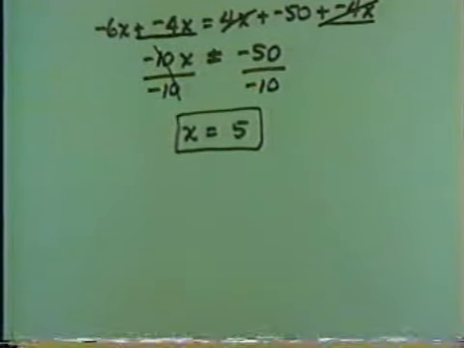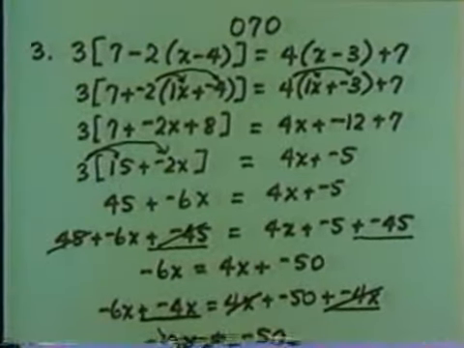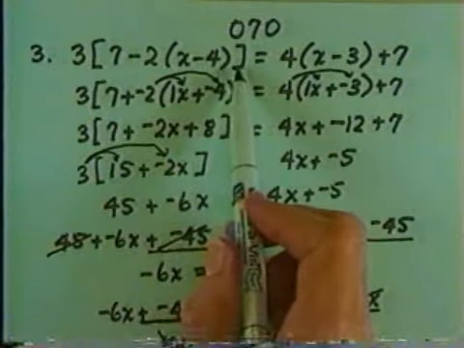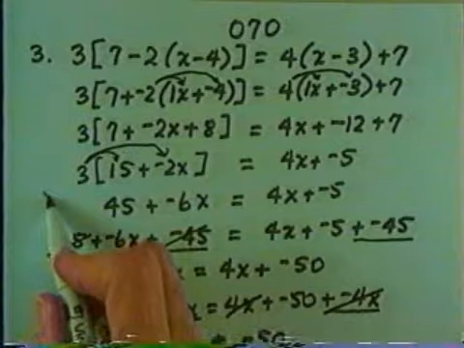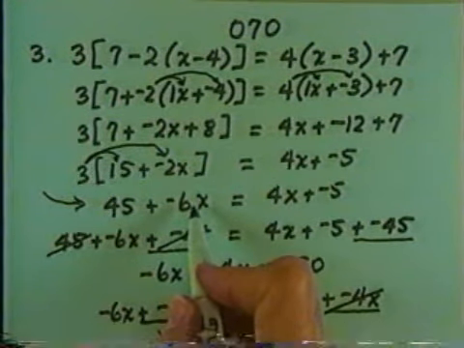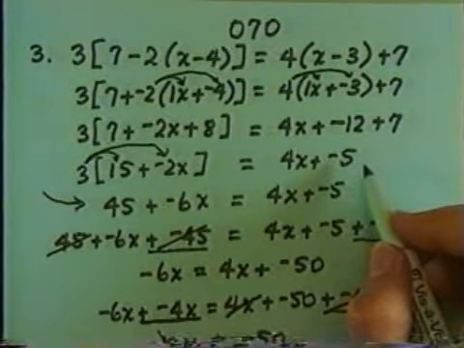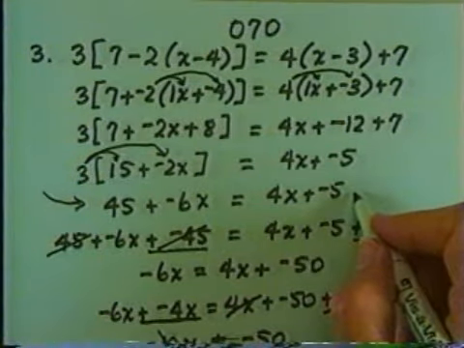Going back through this lengthy problem, notice that what we do is to simplify on the left-hand side all the way down as much as we can until we reached the step that had 45 plus negative 6x. On the right-hand side, simplify as much as we can until we reach the step that had 4x plus negative 5.